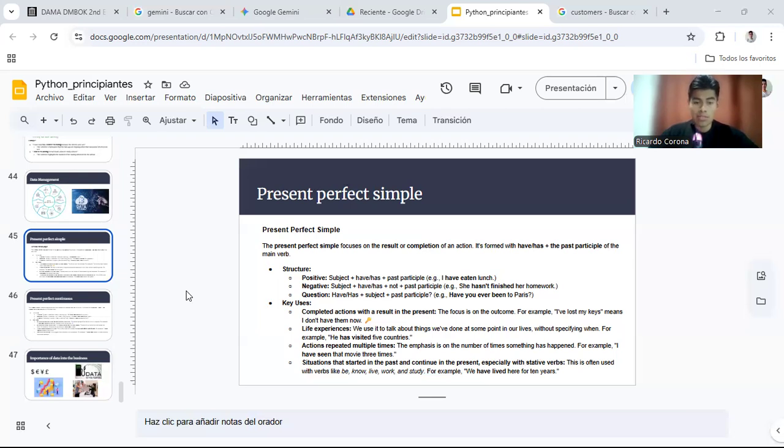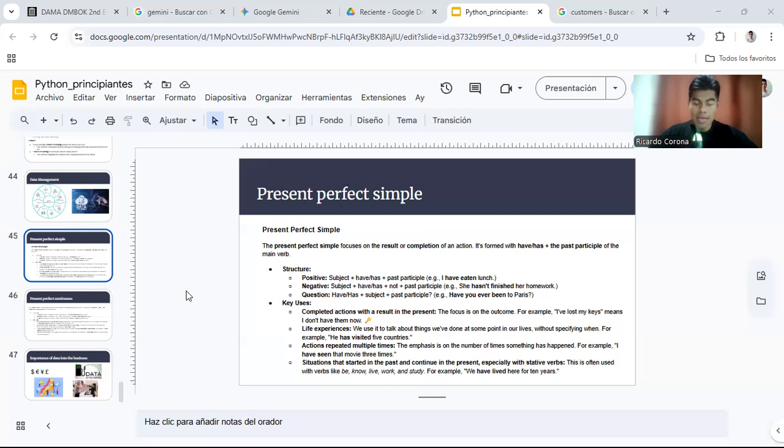The key uses: completed actions with a result in the present, where the focus is on the outcome. For example, I lost my keys means I don't have them now. Life experiences: we use it to talk about things we've done at some point in our lives without specifying when.